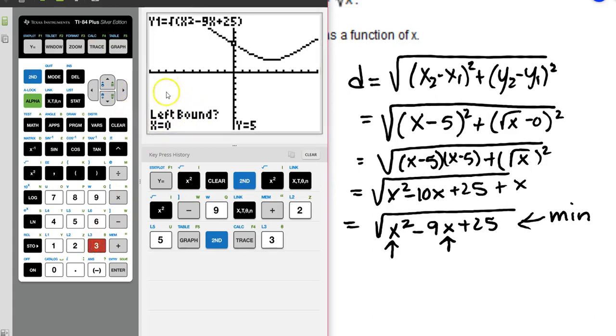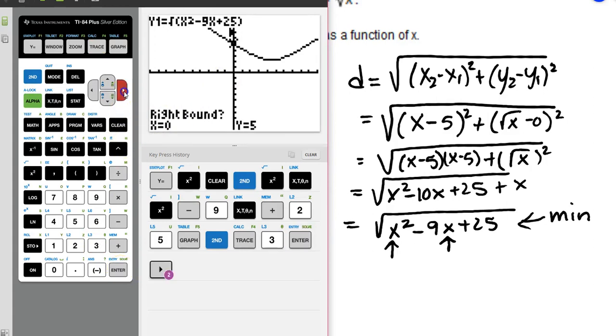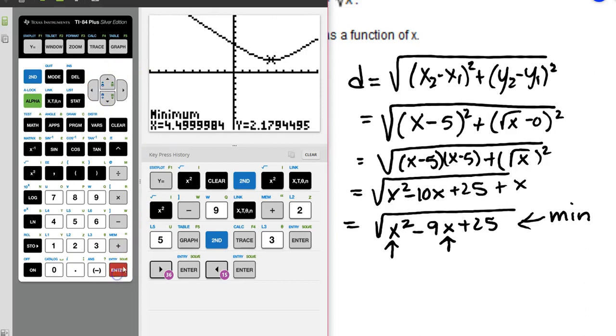And I need to select a point to the left of the minimum. So I'll hit Enter here. And then I'll move the cursor to the right of that minimum value and hit Enter. And then I would like to guess. So I move the cursor closer to the minimum. And then we can see what the minimum value is. The minimum value would be the y-coordinate of 2.179.